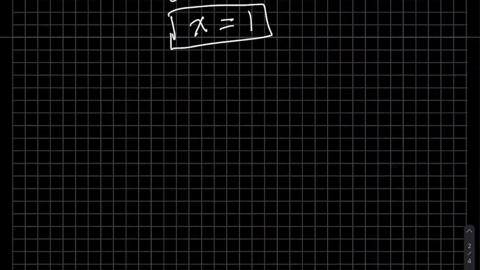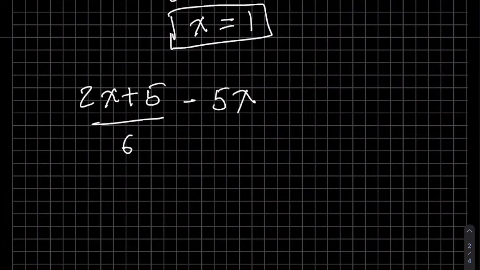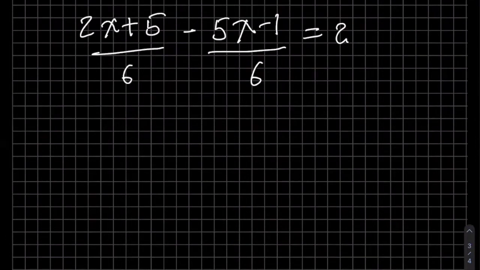Let's try one more example. Let's say we have 2x plus 5 divided by 6 minus 5x minus 1 divided by 6 is equal to 2. So we can take 6, and we have 2x plus 5.